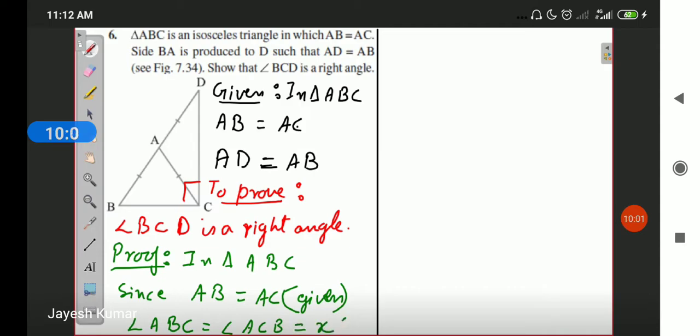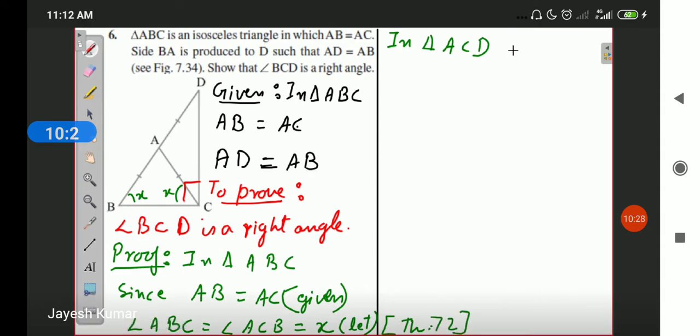We are letting both of these angles be equal to x. So this angle is x, this angle is also x. Now moving on, in triangle ACD. One more thing, you have to write down the theorem. We have used theorem 7.2 here.